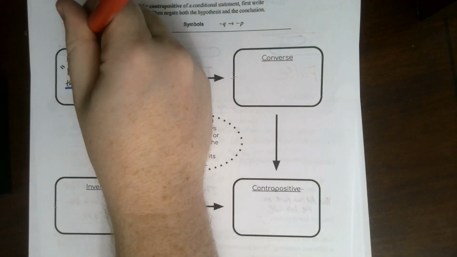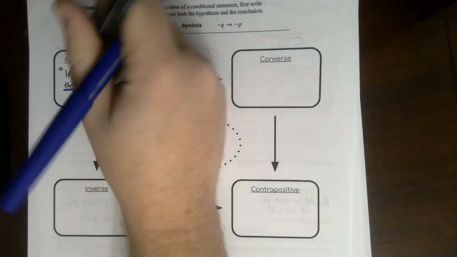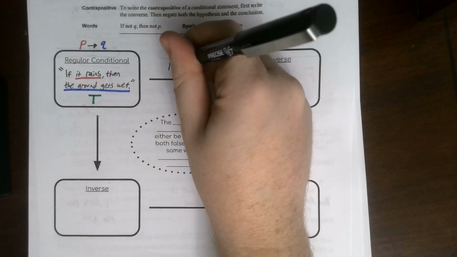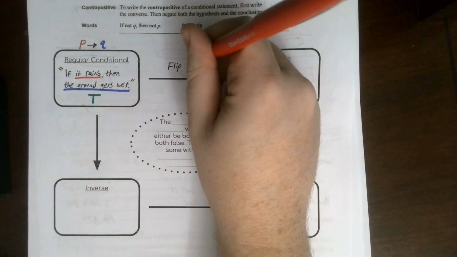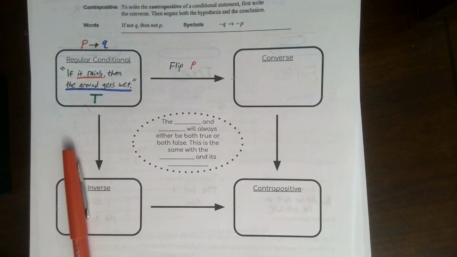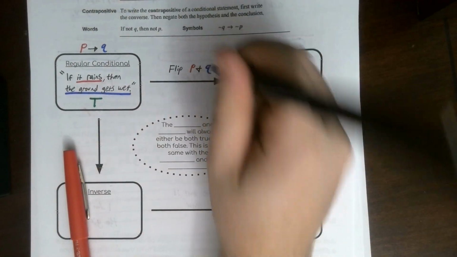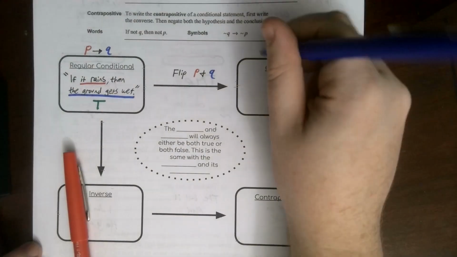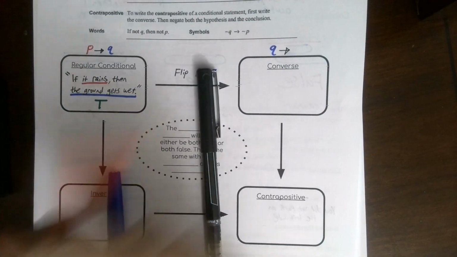That's why we're able to write this as P implies Q. If we want to find the converse, all we have to do is flip P and Q, or exchange their positions. So the converse would be similar, but it would have Q first and P second. The statement would be Q implies P.